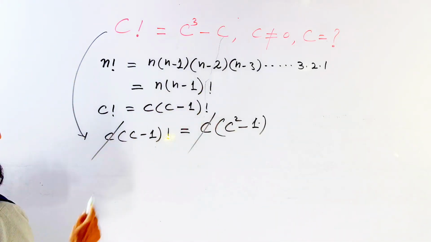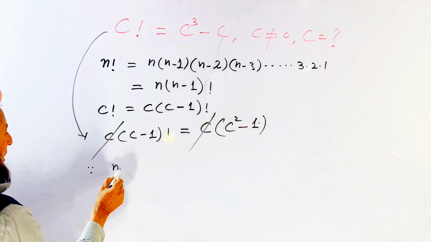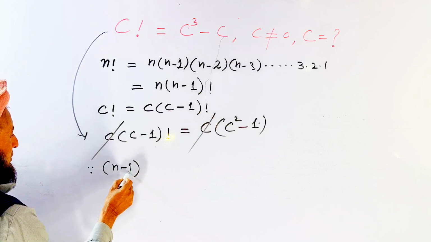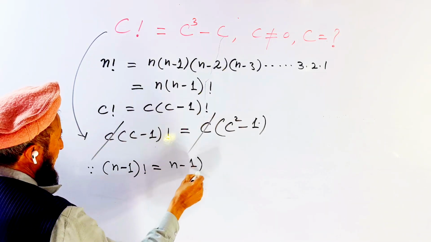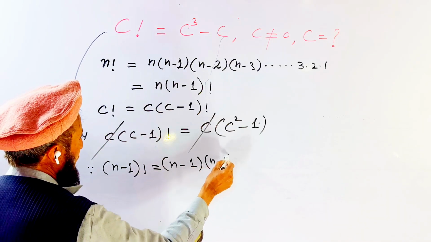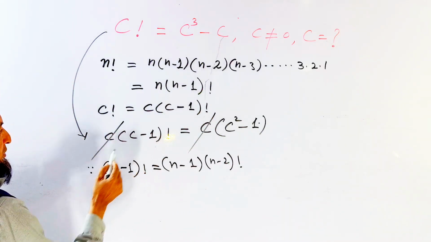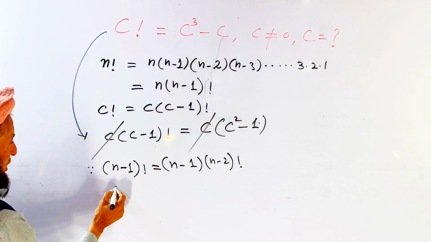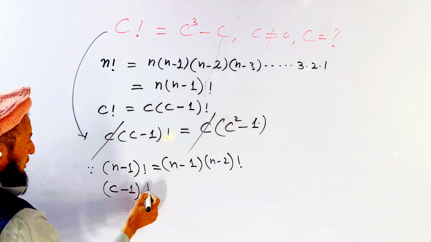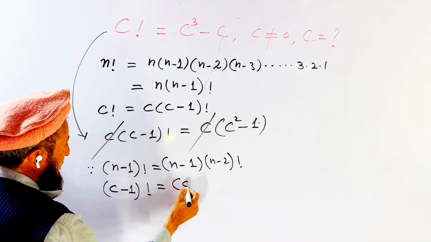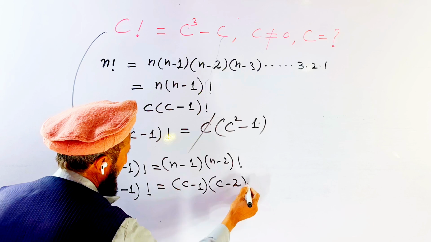And further, C minus 1 factorial: n minus 1 factorial is equal to n minus 1 into n minus 2 factorial. According to this definition, we also apply it on the term C minus 1 factorial, which is equal to C minus 1 into C minus 2 factorial.